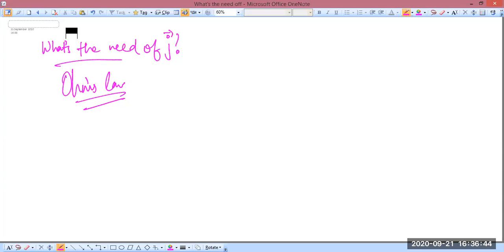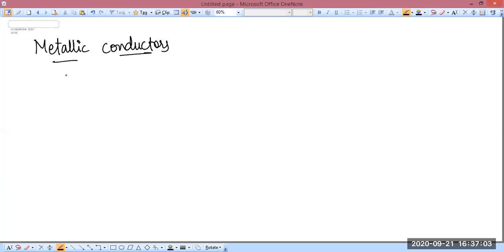Okay, so let's start now. Let me just take a minute to clarify that in this chapter we are going to talk about metallic conductors. Metallic conductors means wires and everything which are made up of metal.